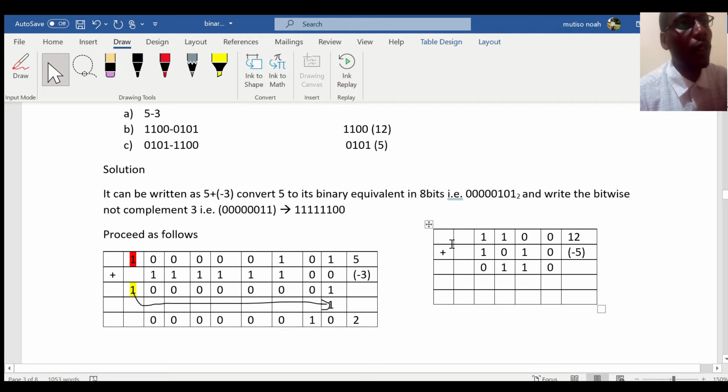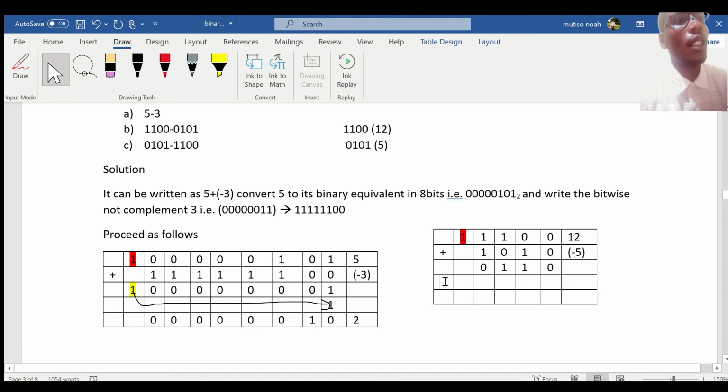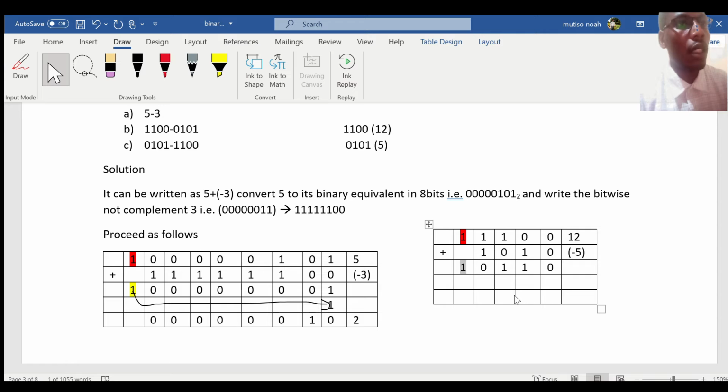We are adding 0 1 0 1 1, this is 0. So it means that we have an overflow of 1. The overflow of 1 plus nothing will give you 1. Let me highlight it for you to see that is an overflow.